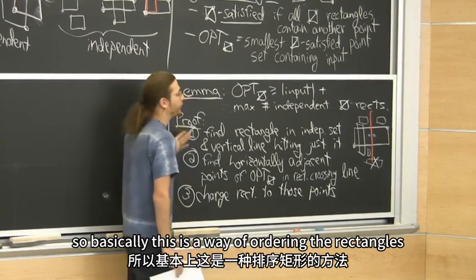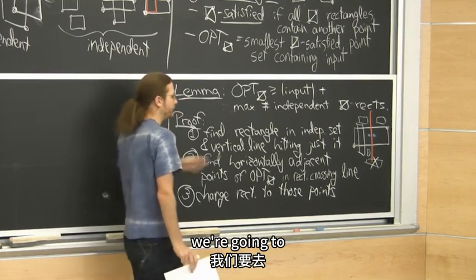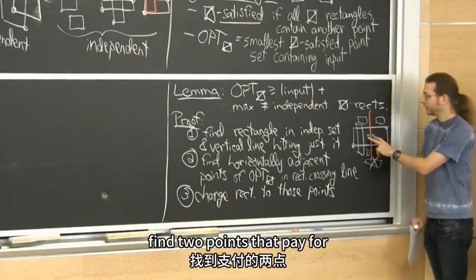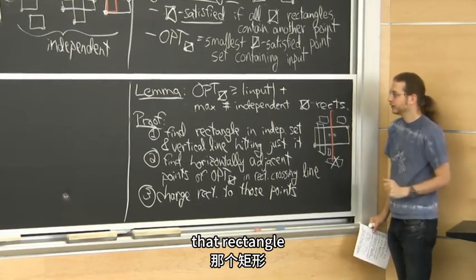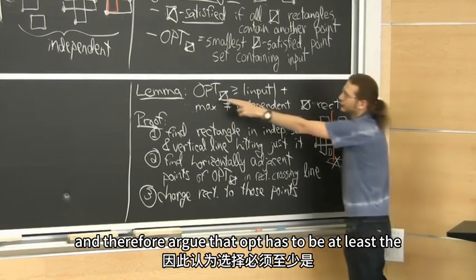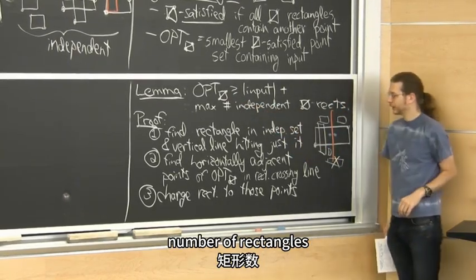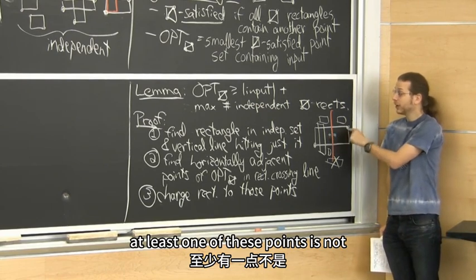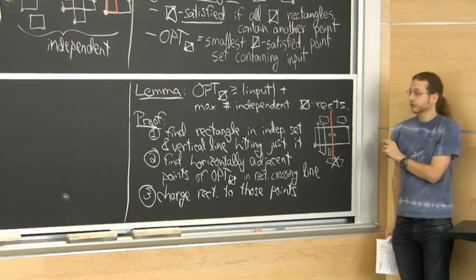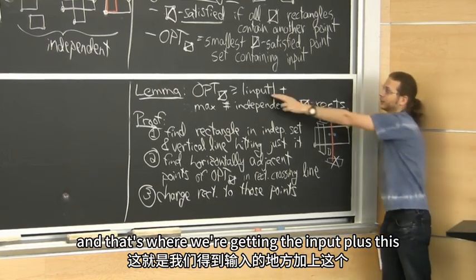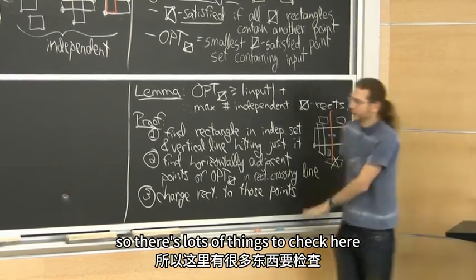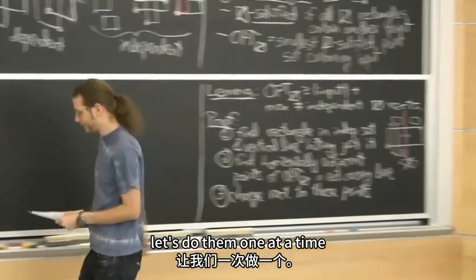So basically this is a way of ordering the rectangles. We're going to take one that has one of these vertical lines, find 2 points that pay for that rectangle, and therefore argue that opt has to be at least the number of rectangles. So we have to argue that at least one of these points is not one of the original points, right? And that's where we're getting the input plus this. So there's lots of things to check here. Let's do them one at a time.